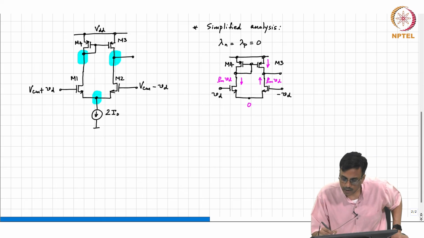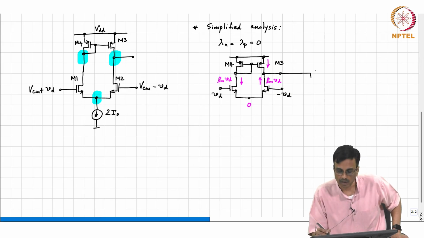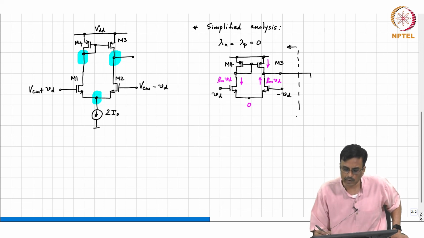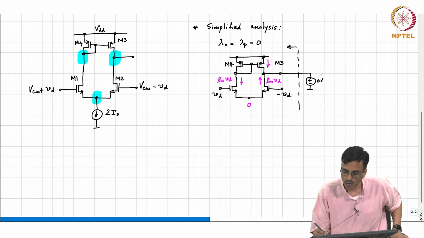Okay, let's try and find the Norton equivalent of the output, the Norton equivalent looking in here. So, what will we do? We will find the short circuit current flowing into this voltage source, right.